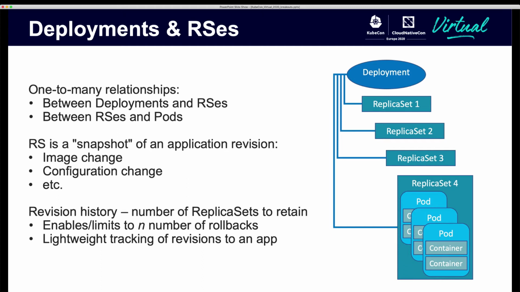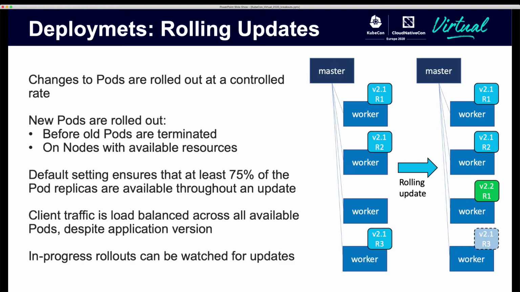It also allows us to have n number of rollbacks, because if I want to roll back to an earlier version, I can just do that same pattern, right? And I've rolled back my application. It's also kind of lightweight tracking revisions of an app, so we'll look at the history feature as well. So the idea behind rolling updates is we're going to roll out those changes at the controlled rate, right?